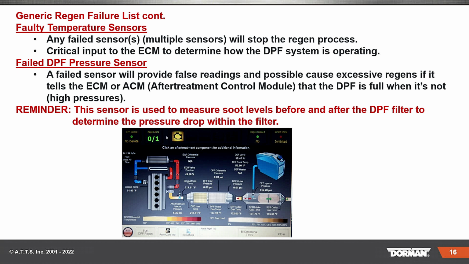A possible cause of excessive regens is if it tells, for example, the ECM or the aftertreatment control module that the DPF is full when it's not. So that's a way of looking at what kind of issues we can have with the pressure sensors. The sensor is used to measure the soot level before and after the DPF filter.